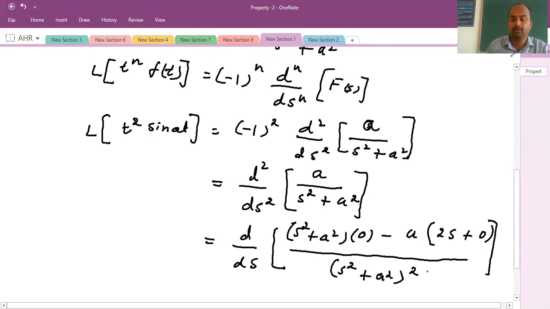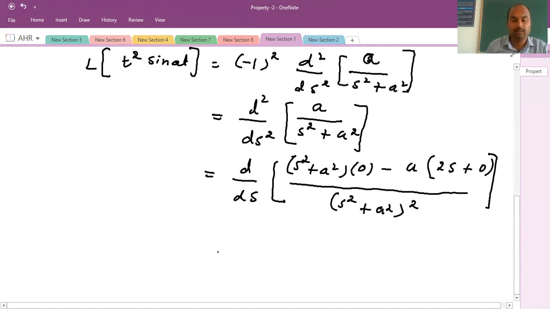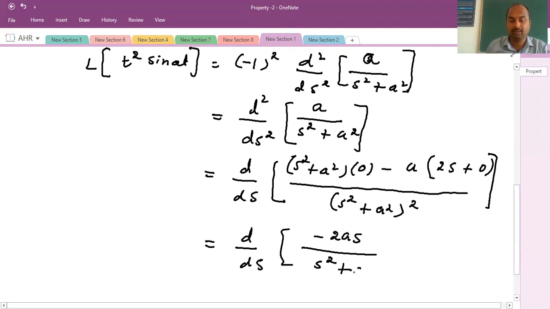So this is the one time differentiation. So I'll simplify this. d by ds of numerator, this will be 0, we will get minus 2as, because this first term becomes 0, only second term, divided by s square plus a square to the whole square.